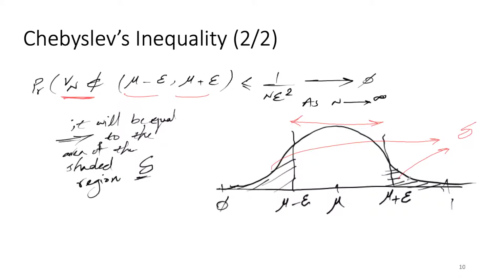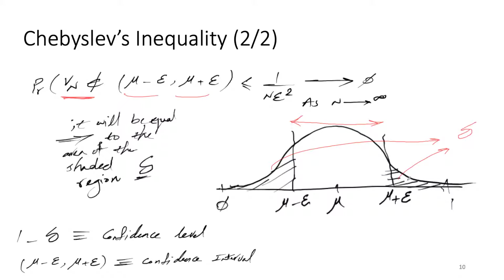And this is a very important thing in a statistical test because we can understand how robust a distribution is by calculating its confidence levels. So we call 1 minus delta the confidence level, and these intervals we call confidence intervals.